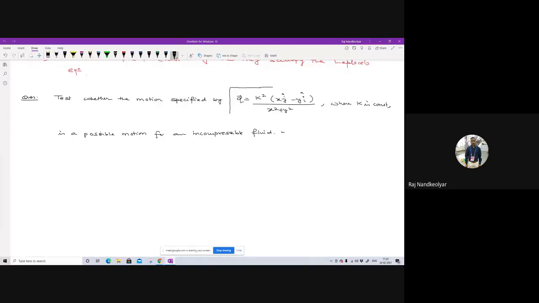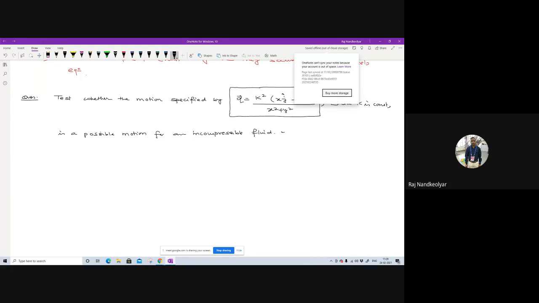Let us suppose this is any vector which is given, because saying velocity vector would mean it already gives a velocity. So we assume it is a vector. The question is to test whether this is a possible motion for an incompressible fluid or not. That means whether any motion results from this given vector or not. Is it a possible velocity vector for an incompressible fluid motion? This is what we need to test. So our first task is to check whether this can be a velocity vector for an incompressible fluid.